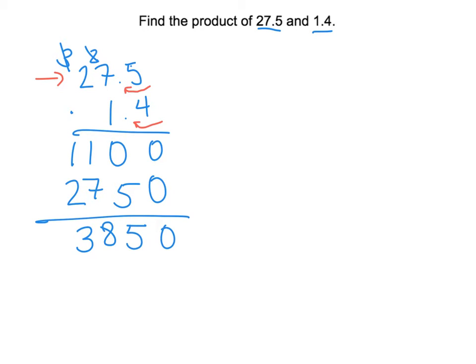Now with the first number, 27 and a half, we had one decimal place. And with our second number, we had, again, one decimal place.